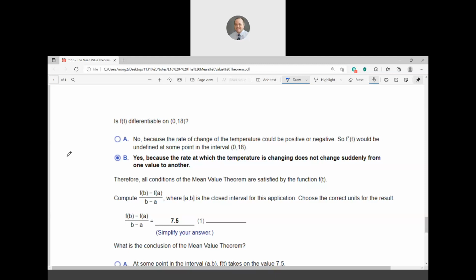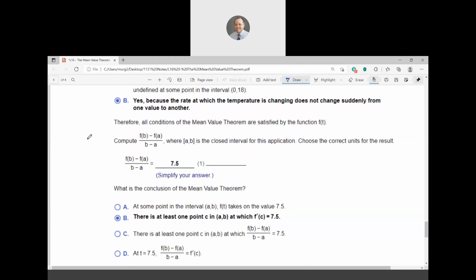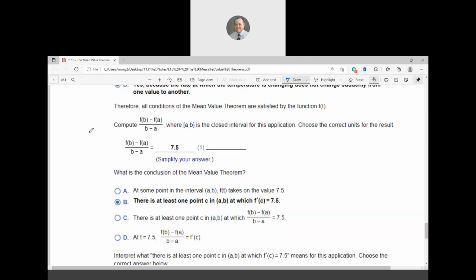It's just like a smooth transition from one temperature to the next. So all the conditions of the mean value theorem are satisfied. Continuous, closed interval, differentiable on the open interval.